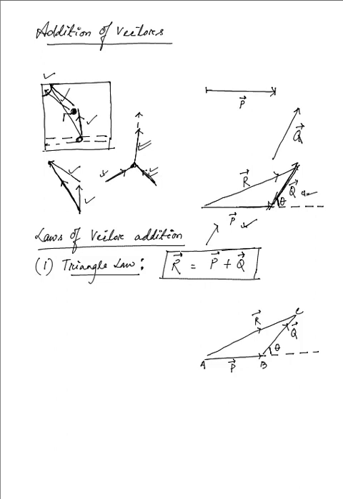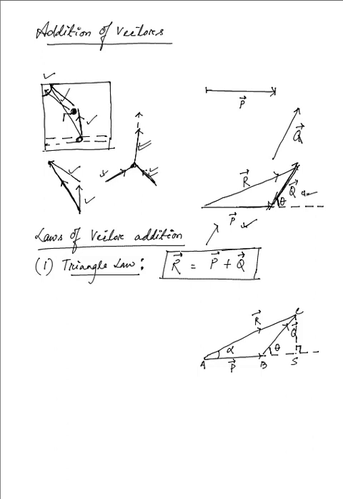Let us say that this R vector is making an angle alpha with respect to the P vector. Now what we do is we drop a perpendicular from the point C on AB extended, that is the P vector extended, and we name it, suppose, as S. Okay, PQRS.